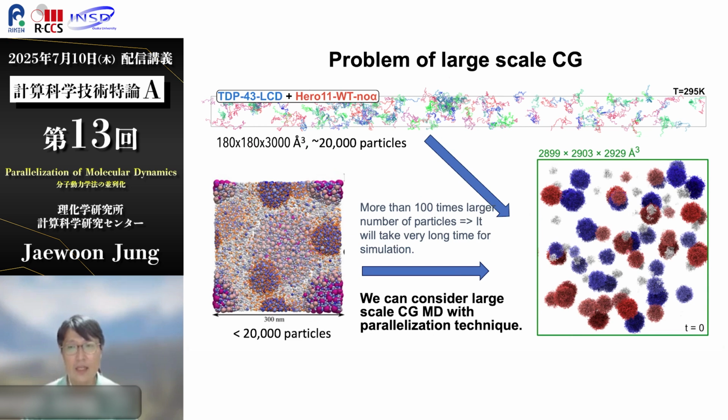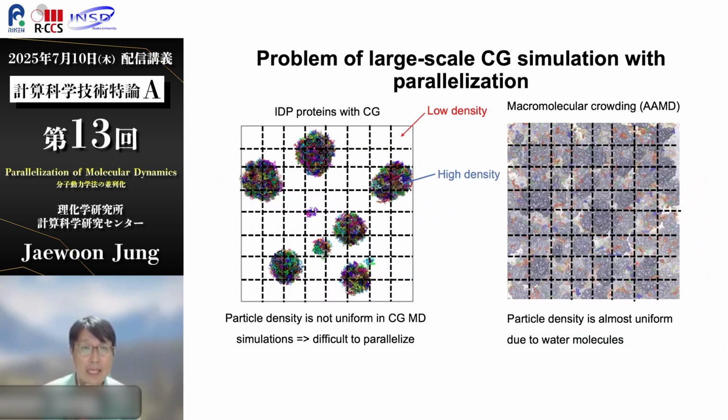But in this case, we need to consider a 100 times larger system size. In this coarse-grained MD simulation, the main problem is that we do not consider water molecules, and the density is not uniform at all. In the case of all-atom MD, every space has atoms, and density is almost uniform because they are water molecules.